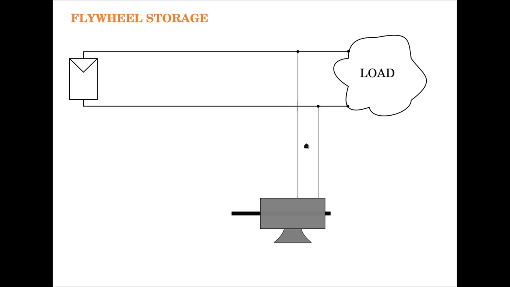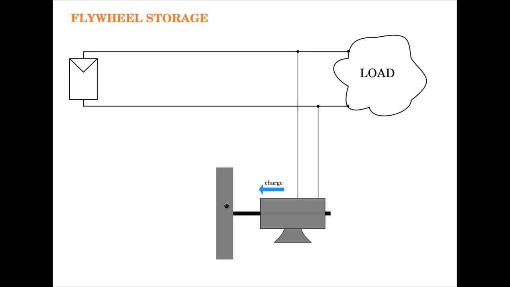So let us use a motor like this, which converts the electrical energy into mechanical energy. And to the shaft of the electric motor, let us connect a flywheel of some particular inertia. So while we charge, that is, energy from the PV panel goes through the motor into the mechanical shaft and is stored here by virtue of increased rotation.